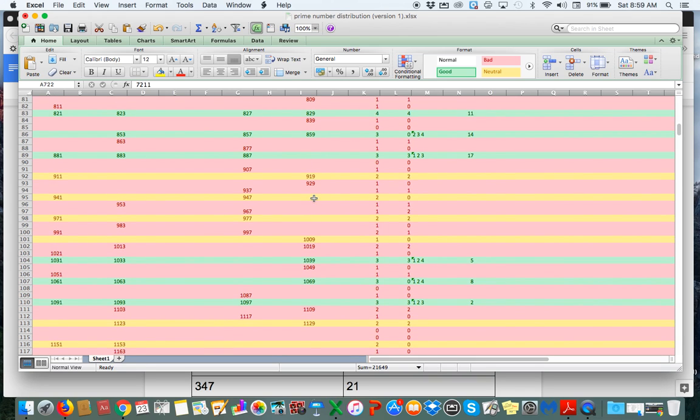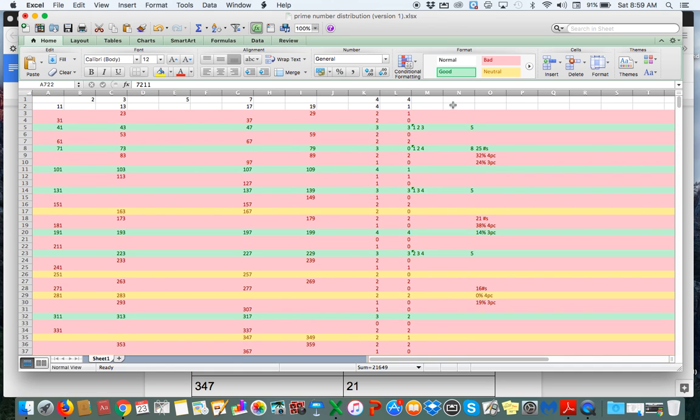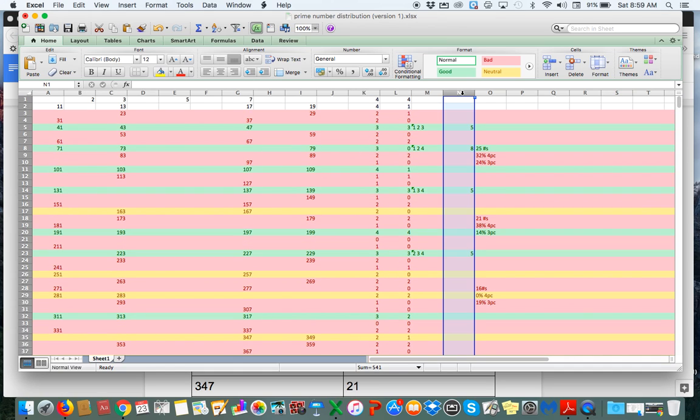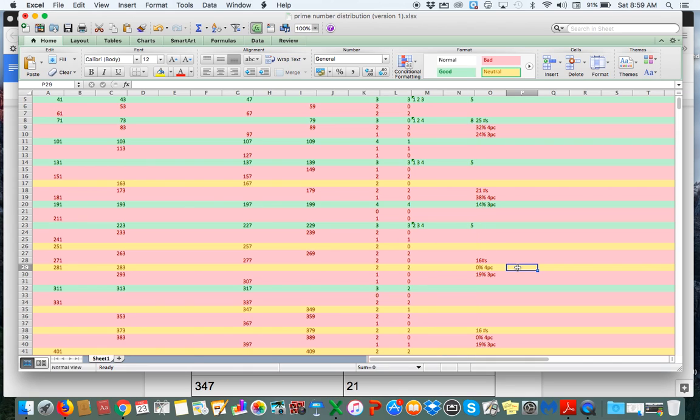And then the other data point that I was looking at in column N here is the total. These numbers correspond to the total of the digits for the row if you add the digits together. So row 23, 2 and 3 is 5.